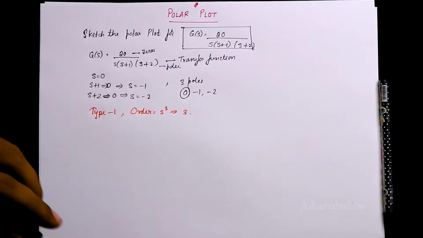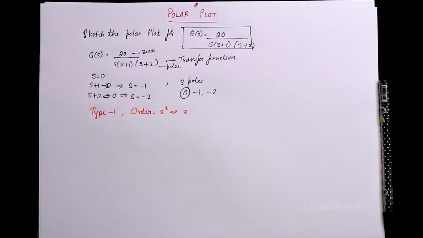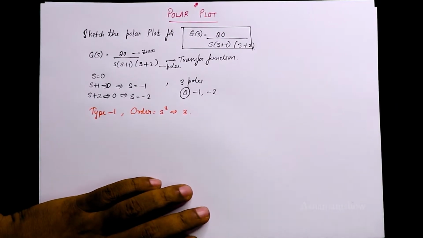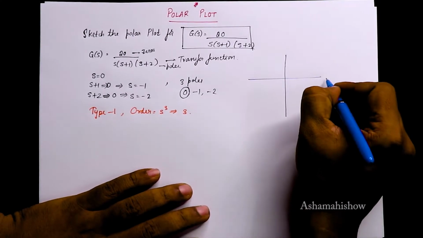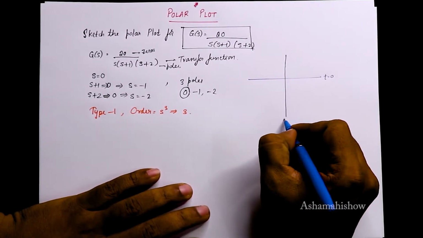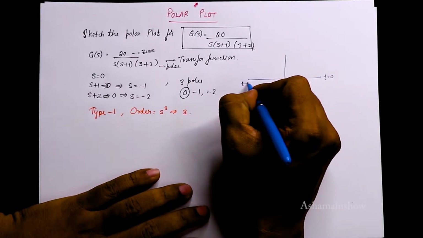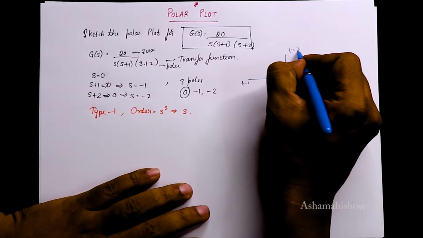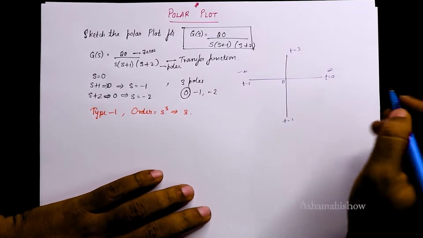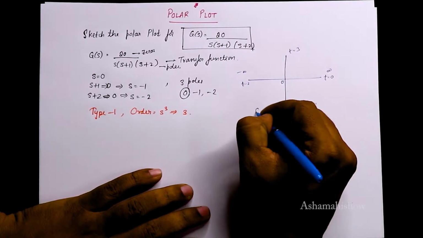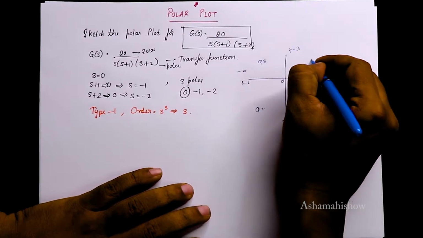According to our basic rules, if we take a graph like this, this is 0 and this is infinity, this is minus infinity, and it goes on. This is quadrant 1, quadrant 2, quadrant 3, quadrant 4.